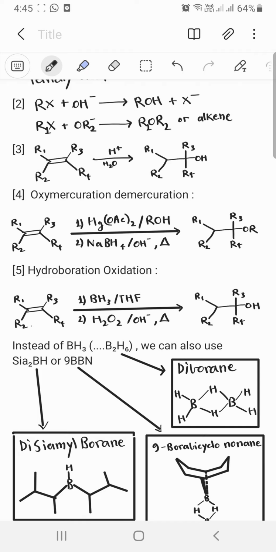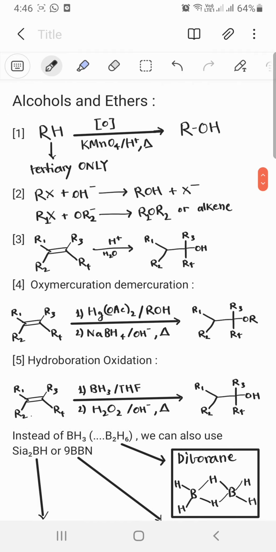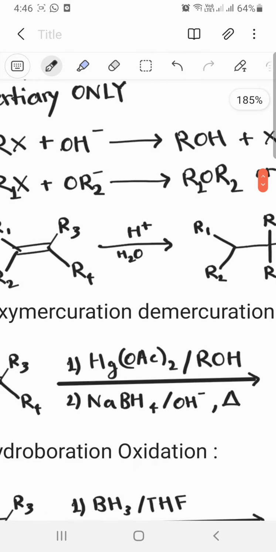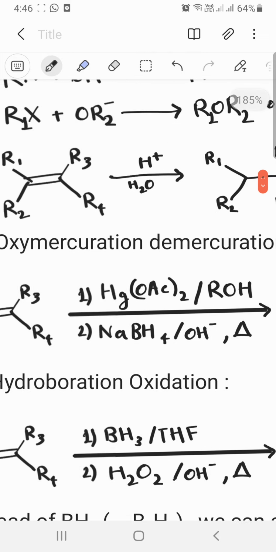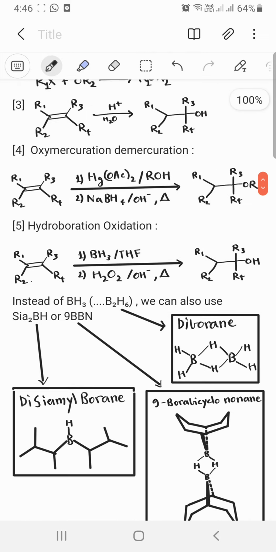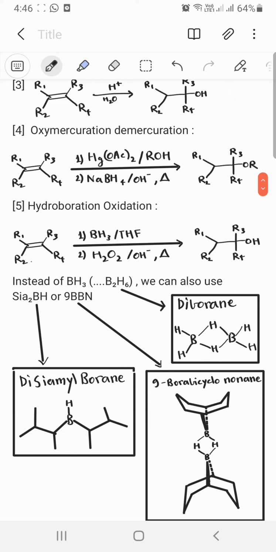So that H plus will add to the alkene, and then the solvent will add to the alkene. Cool. So that's what happens. In case the solvent is ROH, you just get OR. So over here it should be ROH and OR in the more general case, but H2O works just fine. So oxymercuration, demercuration.